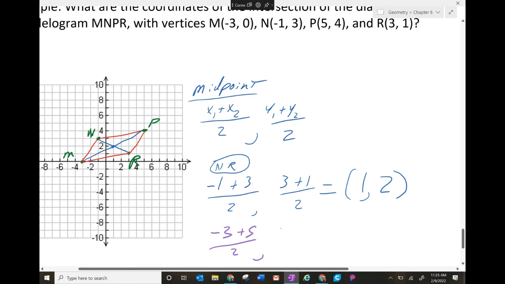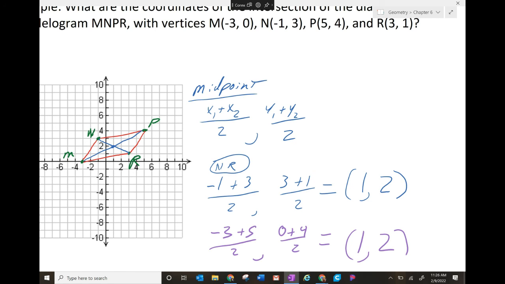The next one would be 0 plus 4 over 2. -3 plus 5, that gives me a 2 divided by 2, that's a 1. 4 plus 0 is 4, divided by 2 is 2. I get the exact same midpoint. So it doesn't matter which one I choose. I can choose these 2, I can choose these 2. It just has to be the 2 opposite points.